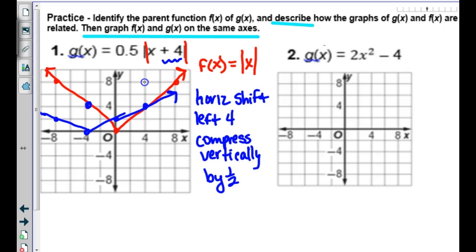Right, left 4 and half as tall. Yeah, that would be there. All right, what's going on number 2? Parent function, anybody?